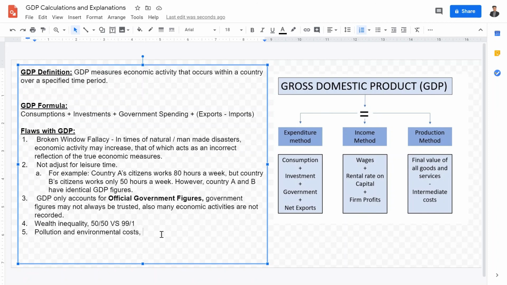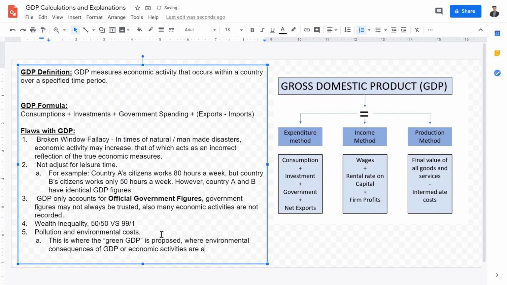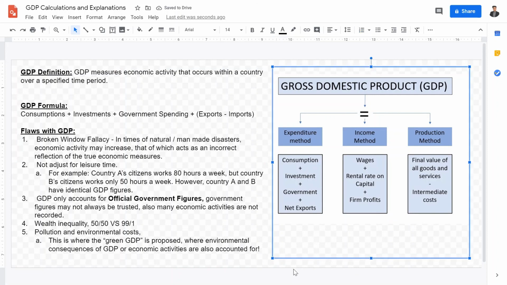That is where the green GDP is proposed, where environmental consequences of GDP or economic activities are also accounted for. So these are the five major flaws of GDP figures.